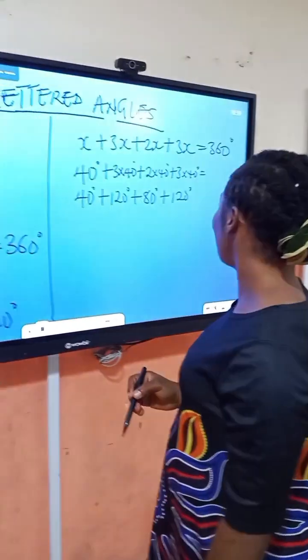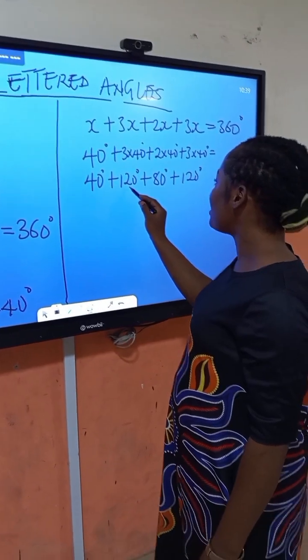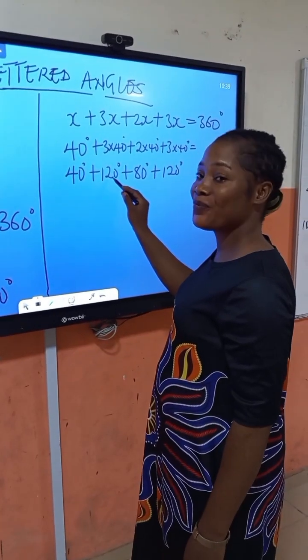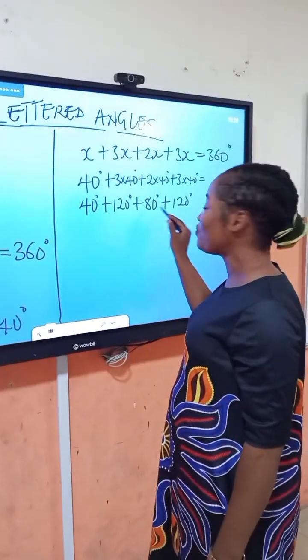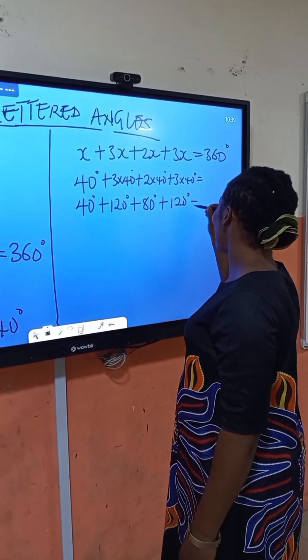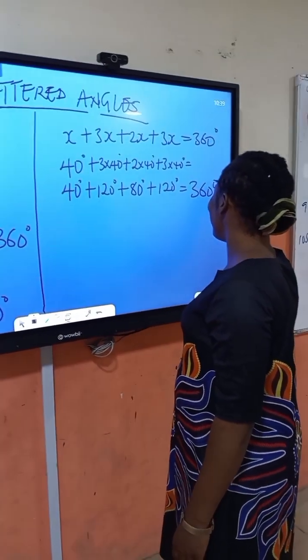So when we do all of this, this is 160. Are you seeing that? This is 240, and 240 plus 120 is all equal to 360 degrees.